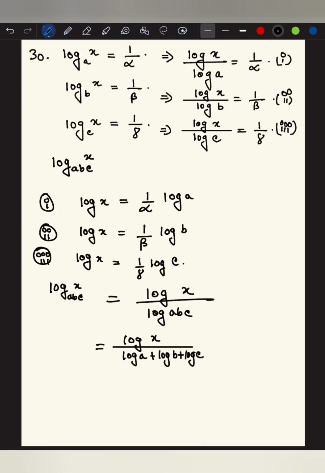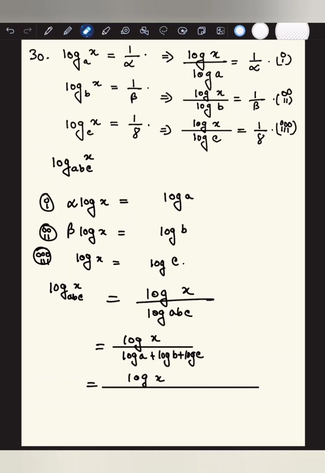This can be written like this, right? Which is equal to log x whole divided by log A means what? If we shift this 1 by alpha to the left, then it will be what? Alpha. Similarly, if we shift this 1 by beta to the left, it will be beta. And if we shift this 1 by gamma to the left, it will be gamma.